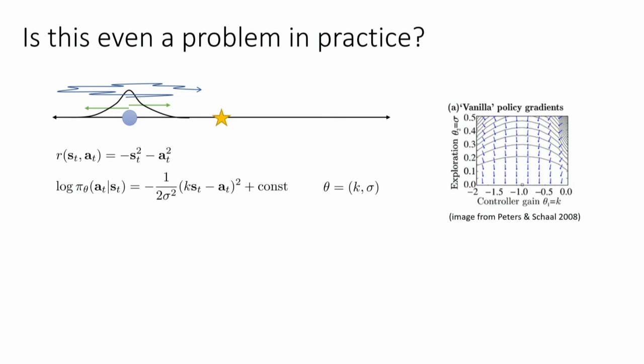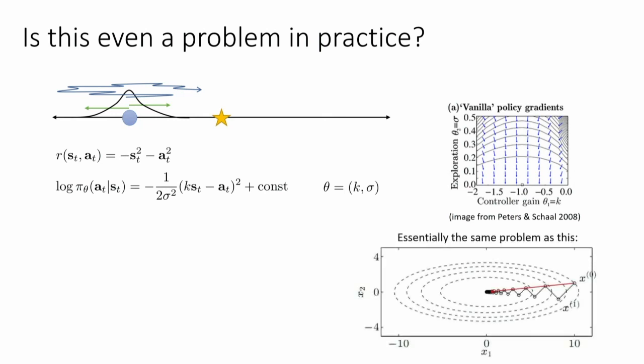So this is very bad. This means that if you follow the policy gradient, you will reduce your variance very quickly, and you will probably spend all of your time reducing your variance instead of actually going to the optimal k. And it's the k that determines what your mean is, so that's really important. This is essentially the same problem as the ill-conditioned optimization problem you might imagine if you optimize a quadratic function with a matrix that has a really large condition number.